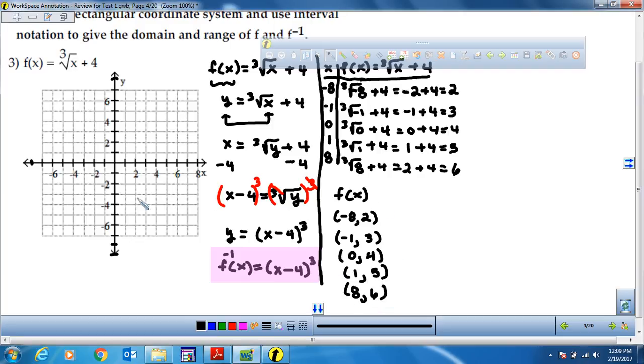Okay, so let's graph that function. Negative 8 comma negative 2 is down here. Negative 1 comma positive 3. Let me see.